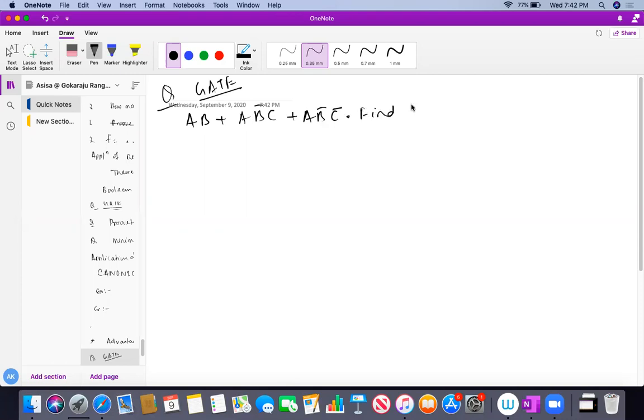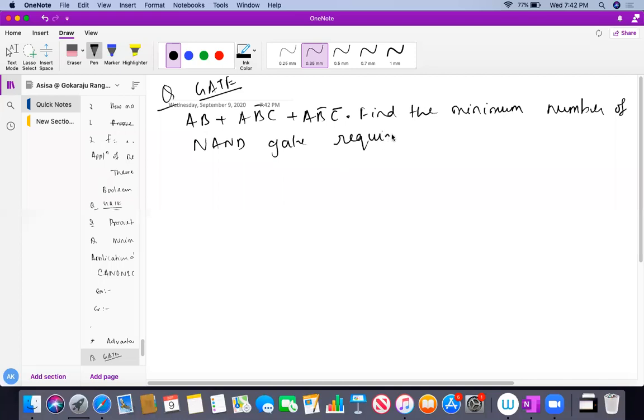Find the minimum number of NAND gates required to design it. The choices are A 0, B 1, C 2, D 3.